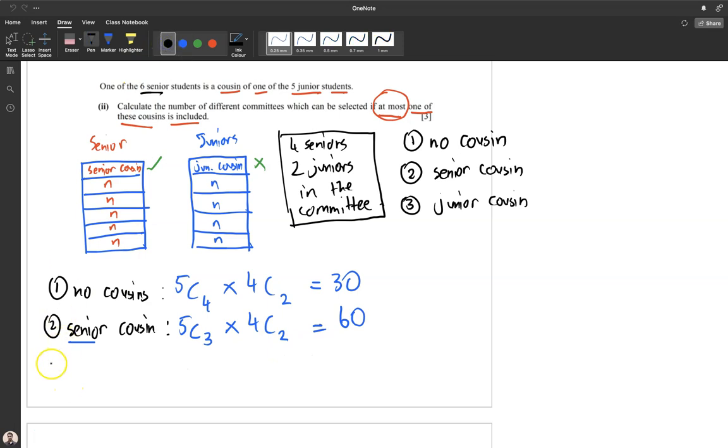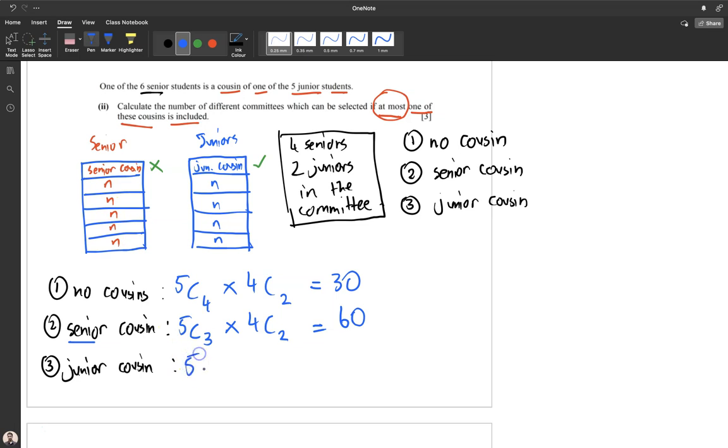And the final situation. In the final case, I must have the junior cousin. In this case, what's going to happen to the seniors? This guy is going to go away. I don't need this guy, but I need this guy. So how many seniors do we have? 1, 2, 3, 4, 5.